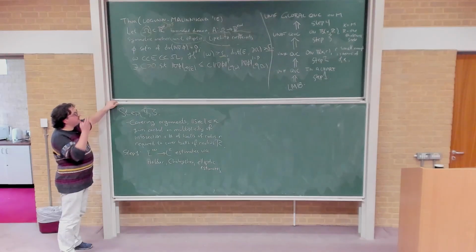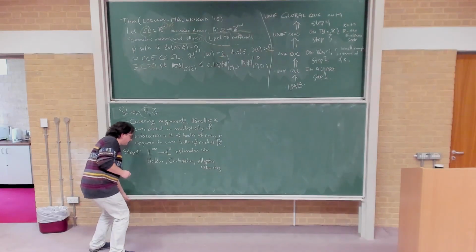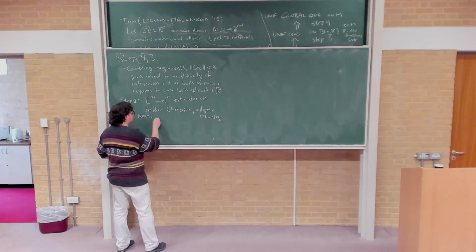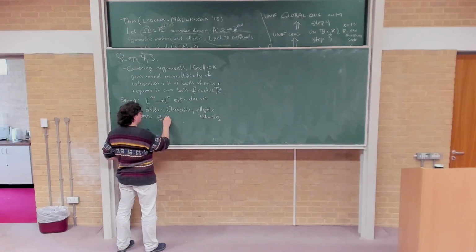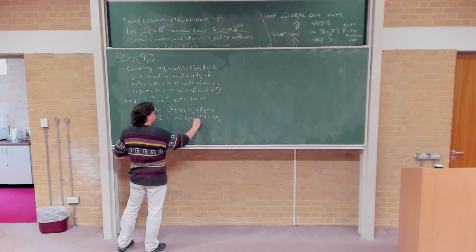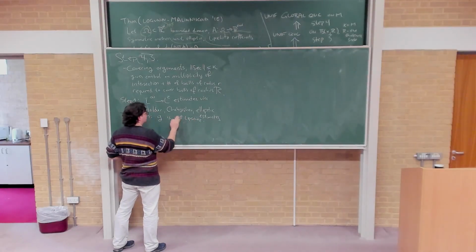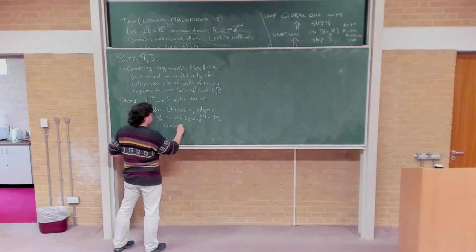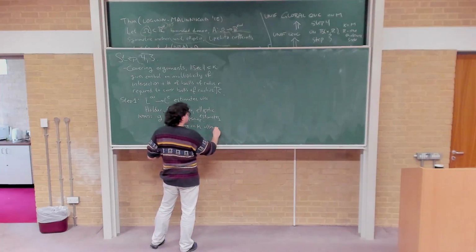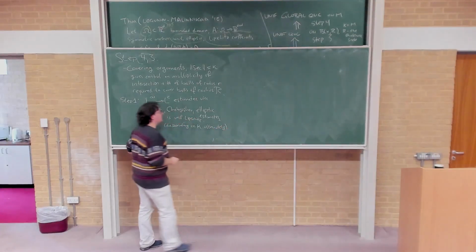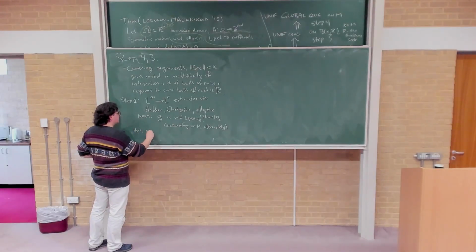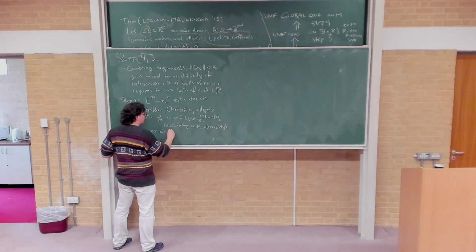And so I will need to use there input: g is uniformly Lipschitz, depending on kappa ultimately. Okay, and here I need an injectivity radius bound.